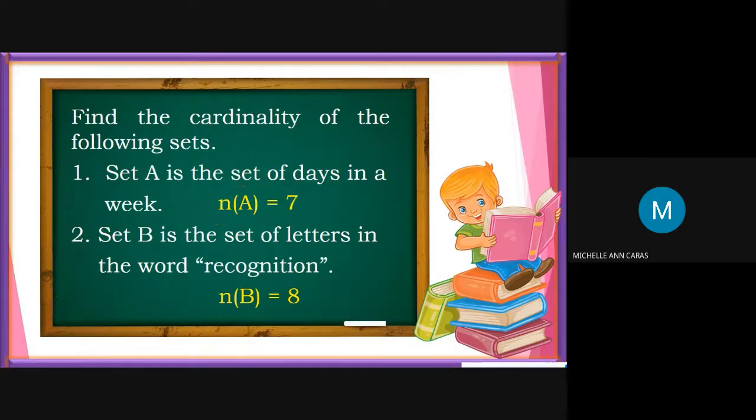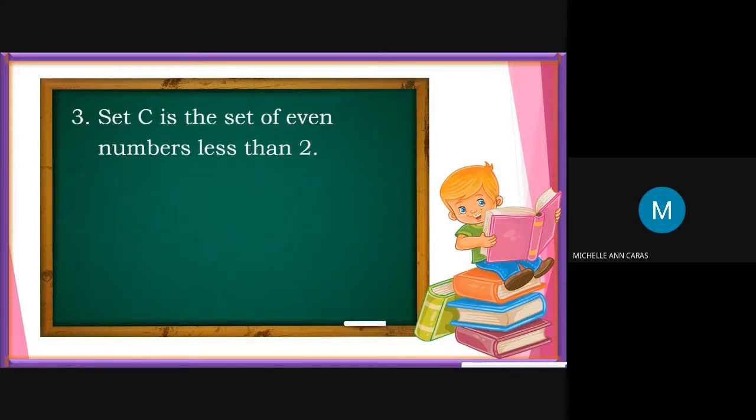Okay? Next, number 3. The set C daw is the set of even numbers less than 2. So, kung tanawon ta, ano ganitong even numbers? We all know that even numbers, nag-umpisa siya sa 2, sunod 4, 6, 8, 10, and so on.